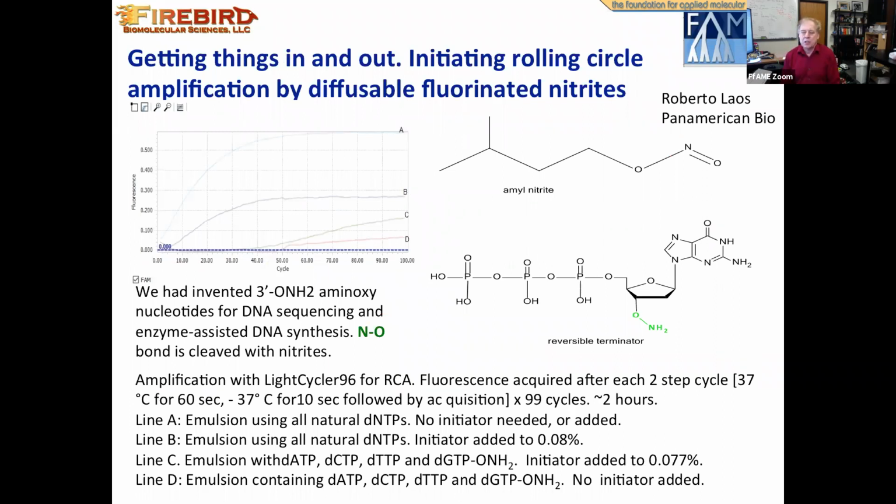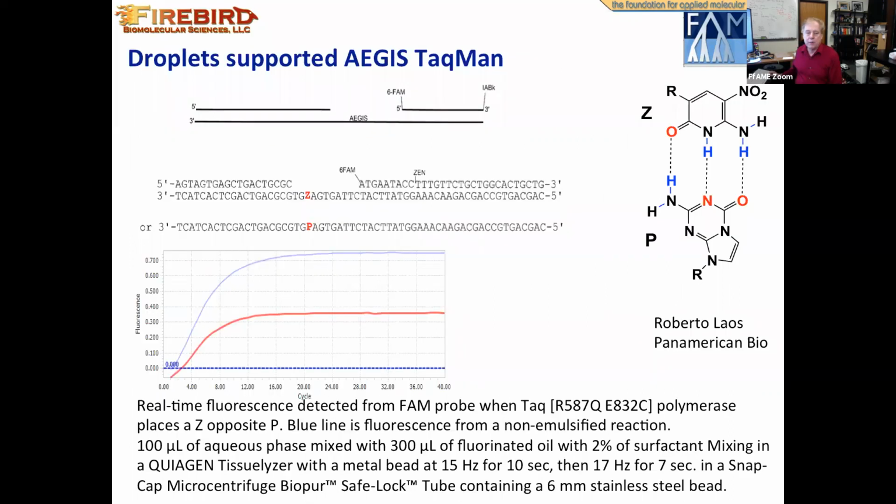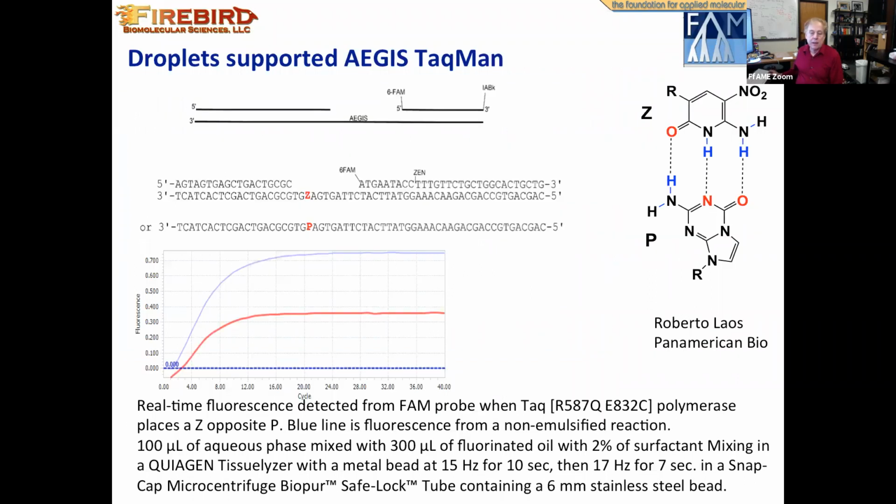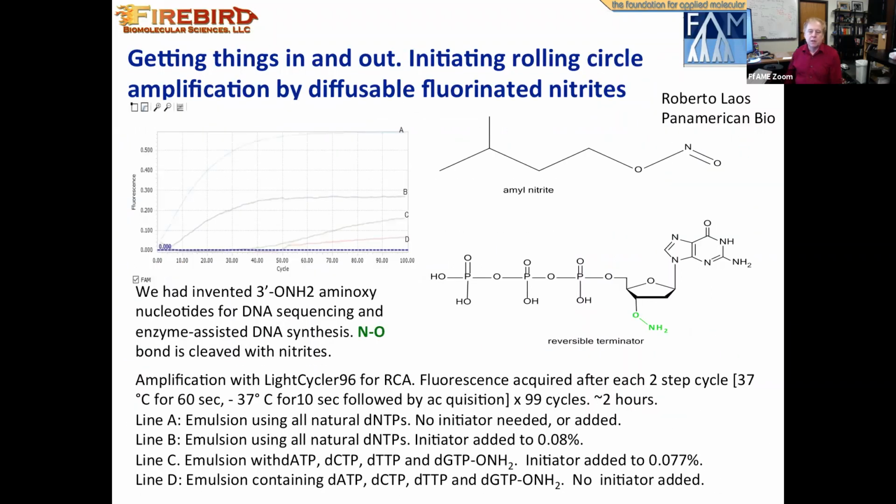But now there was another problem, and the other problem was, how do you get things in and out? So when we put triphosphates in for the PCR, or put triphosphates in for the TaqMan, they were just triphosphates. But of course, we wanted to be able to control the start of the PCR. And to do that, we fell back on a nucleoside, which you are looking at here, which we actually developed for next generation DNA sequencing and next generation automated enzyme-assisted DNA synthesis.